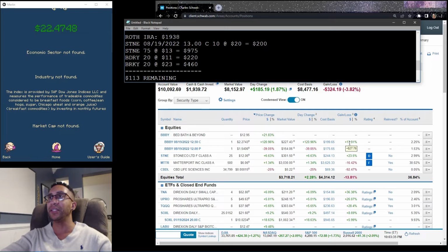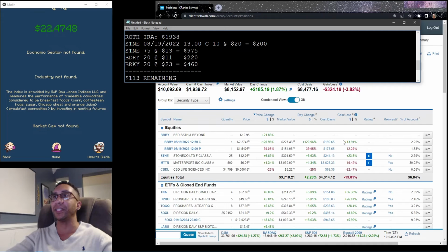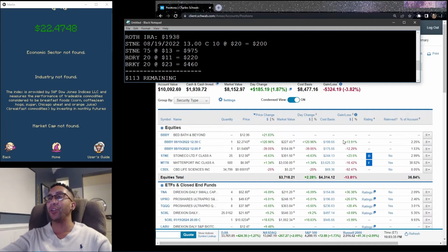You can see that the call option's up $27 and the put option is down $21. If I were to just sell out of both of these positions, even though I played both sides, I would make $6. I can elect to do that because that is a profitable trade, but I really want to push them and see how far they can go.